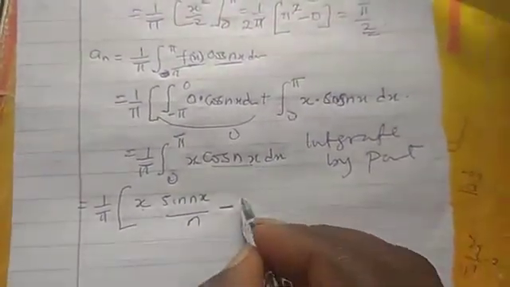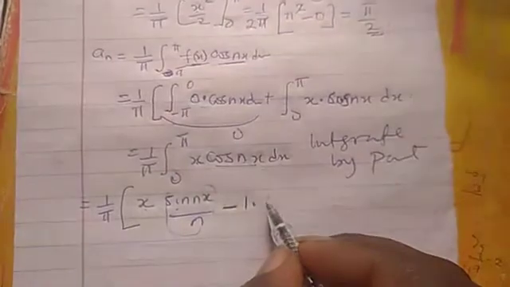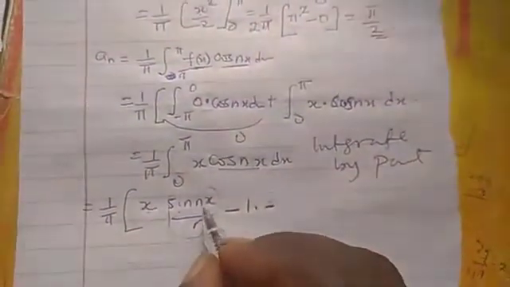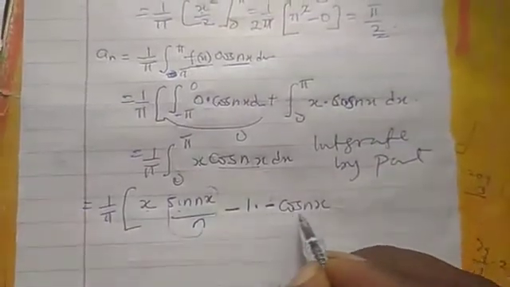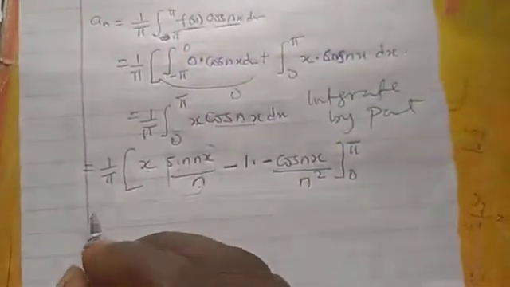Then minus, you differentiate x, this is 1, and you integrate whatever you have here. If you integrate sine nx, you have minus cos nx over n, and as another n is coming, we have n squared. So you go and learn how to integrate by parts.